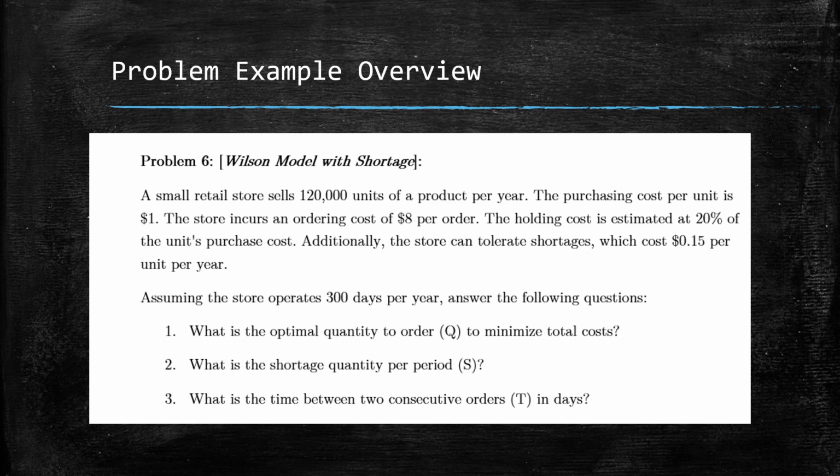The holding cost is 20% of the unit cost, and the store can handle shortages that cost $0.15 per unit per year. With these values, let's calculate the optimal order quantity, shortage quantity, and the time between orders.